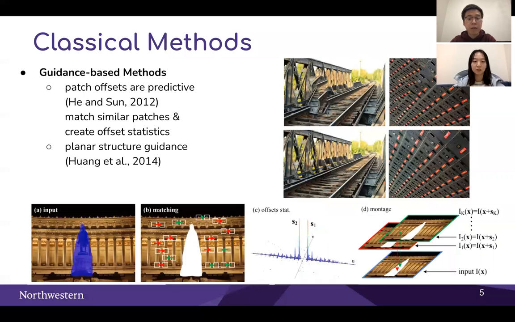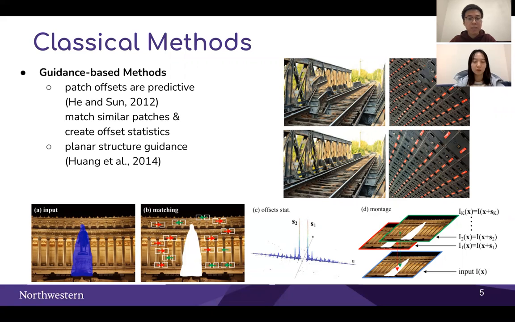These approaches fundamentally rely on low-level cues, which are less effective for images with larger structures. One important issue is that they cannot handle the frontal parallel scenario, as you can see on the right. One impressive solution is to use guidance-based methods involving patch offsets. To be specific, it finds similar patches in the known region, and their relative positions are offsets.